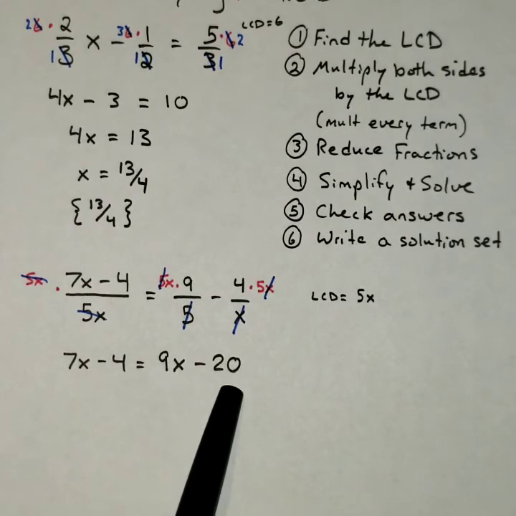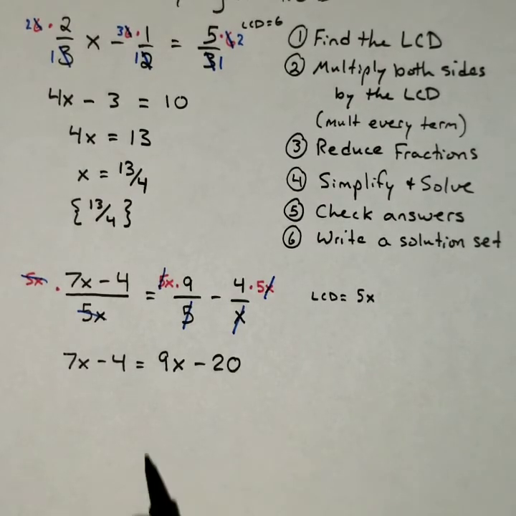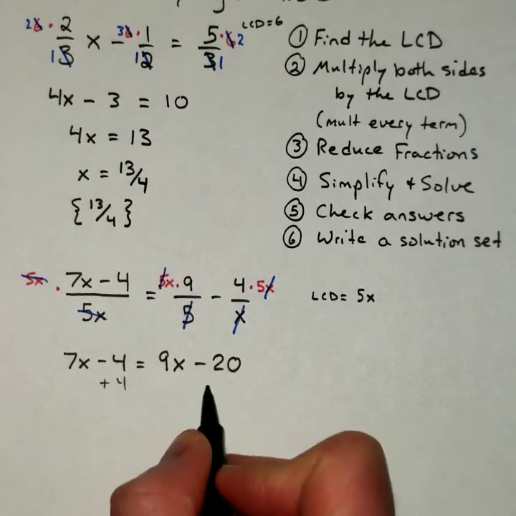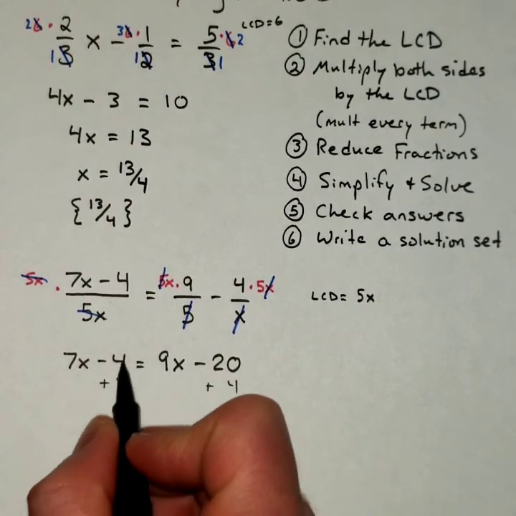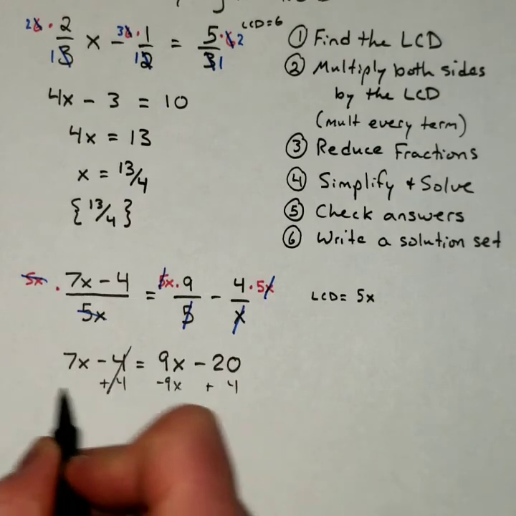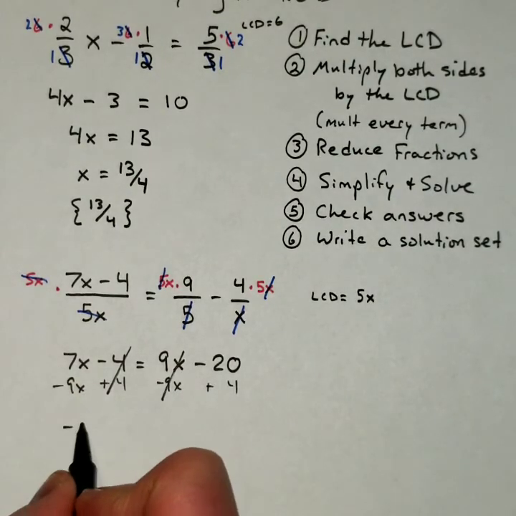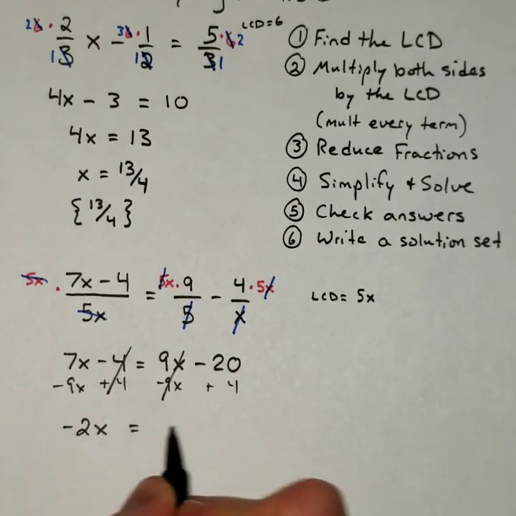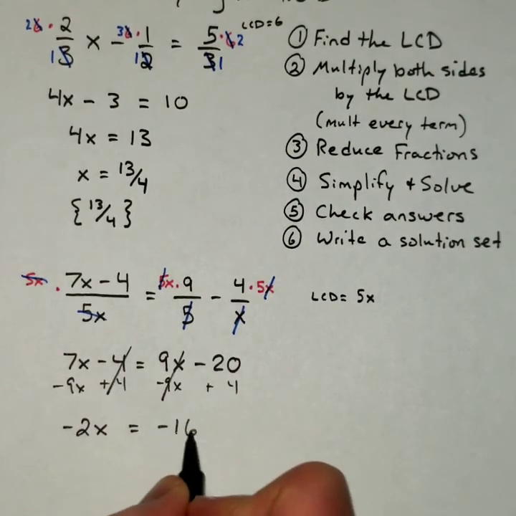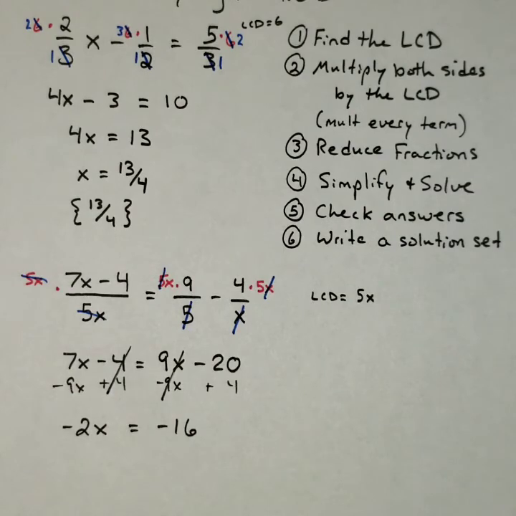It's a basic linear equation with no fractions now, which is really nice. Add our 4. Those drop out. Subtract 9x. Drop those out. This will be a negative 2x equal to negative 16. And divide out the negative 2, and you'll get 8 as an answer.